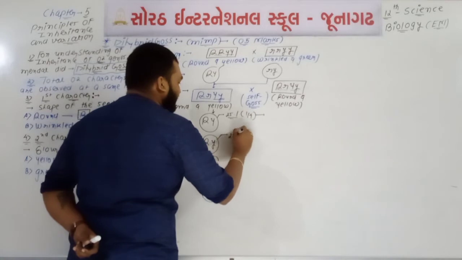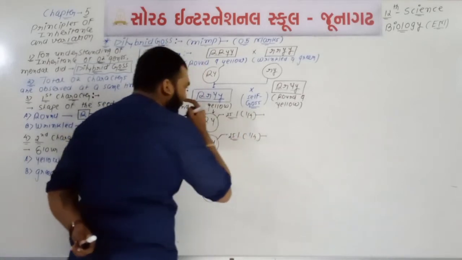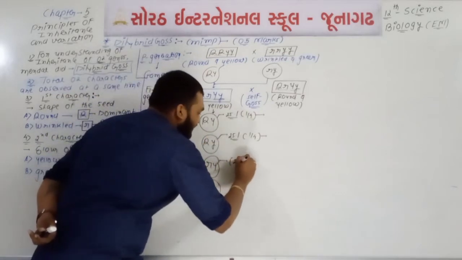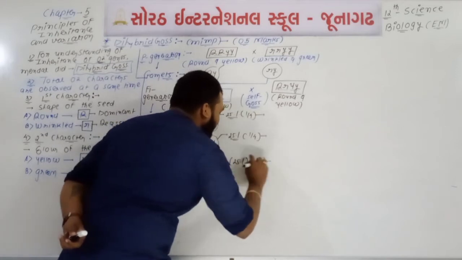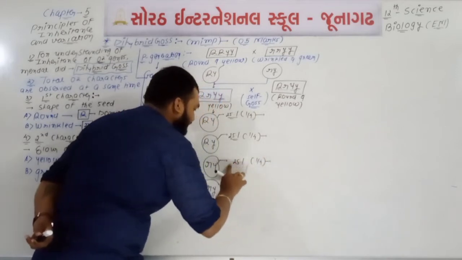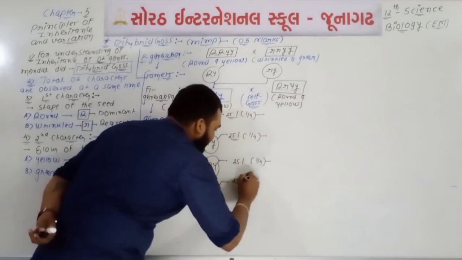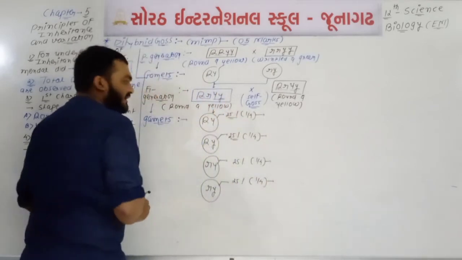Then 25%, 1/4, chance of the second gamete. The third one, 25%, 1/4 chance of this particular gamete. And 25%, 1/4 chance of the fourth gamete.